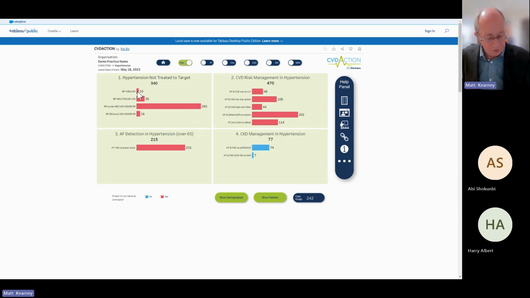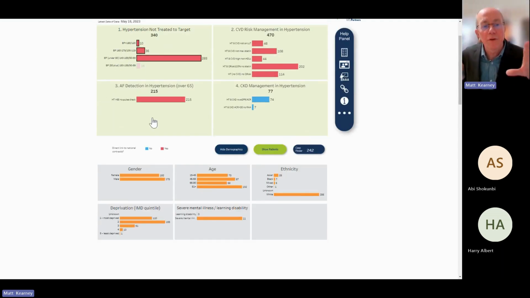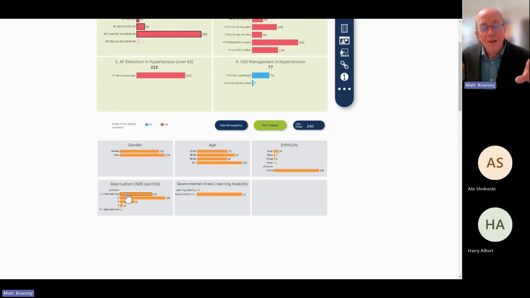If we take these patients with hypertension whose blood pressure is above target, and if I click on all three, or say three of those top groups, so blood pressure above 140/90, and if I also click on show demographics, I can see that just in those cohorts, so blood pressure poorly controlled, actually I could find all my patients in the most deprived quintile. There's 110 of those.